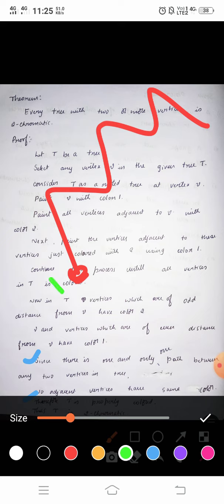See, if this vertex has 1, this is adjacent, so 2. This is adjacent, I can give 1.